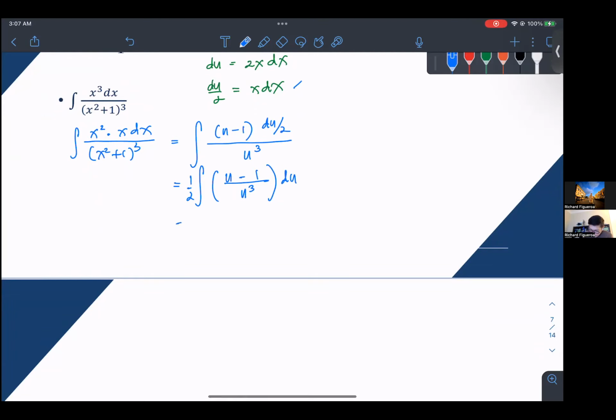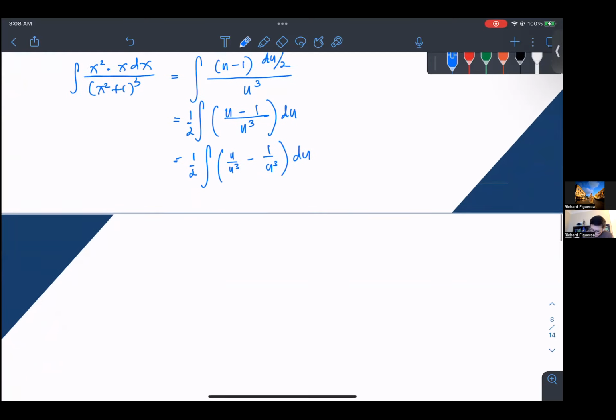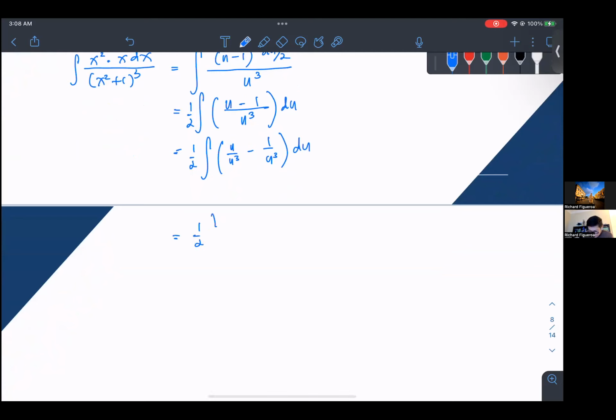And thus we'll have 1/2, then we separate, so u over u cubed minus 1 over u cubed du. So integrate this. So we make this one 1 minus 3, which is -2. So u to the -2, and minus u raised to -3. So has to use power rule.